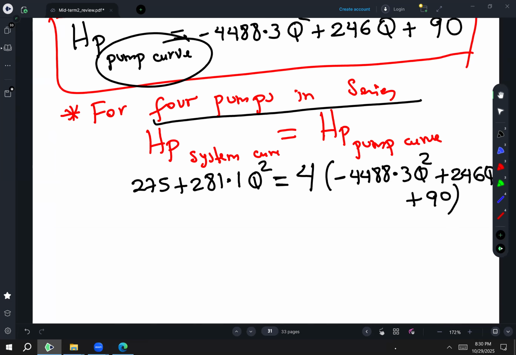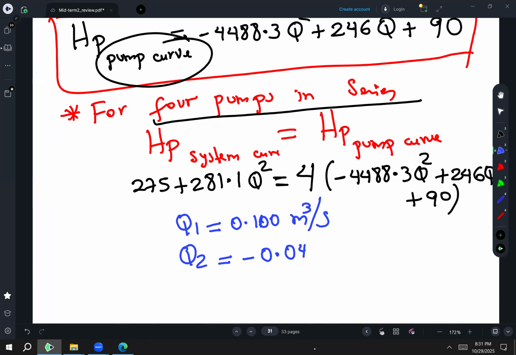So from this, we are going to get two solutions because we have a quadratic equation. So Q1 is equal to 0.100 cubic meters per second, and the value of Q2 is equal to minus 0.046 cubic meters per second.